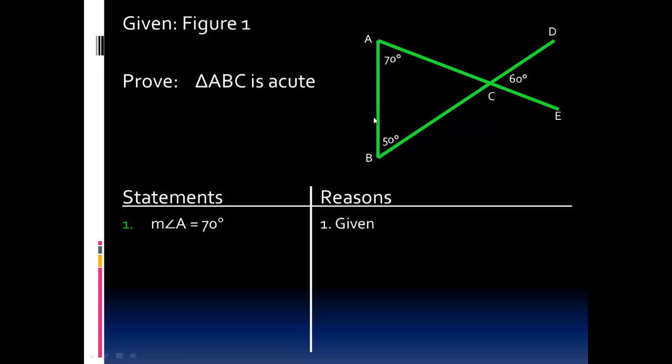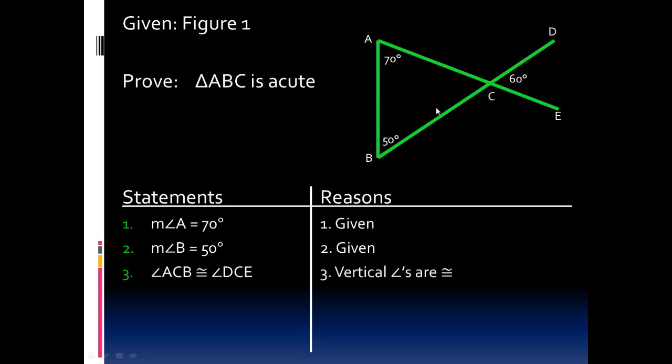Alright, so we could say that the measure of angle A is 70 degrees, and that's a given because of the figure. We could also say the measure of angle B is 50 degrees, and again, that's a given because it's in the figure. Now, this isn't listed here, so we just can't say it's 60 degrees, so it's an acute angle. We're going to get there. So we have to say that angle ACB and angle DCE are congruent because vertical angles are congruent.